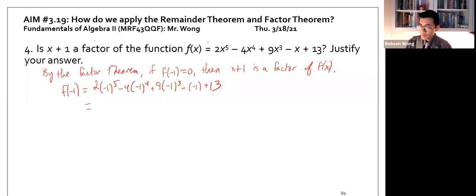And when we get that, we will see that this is negative 2 minus 4 minus 9 plus 1 plus 13. And when we work this out, we see that this is negative 1.